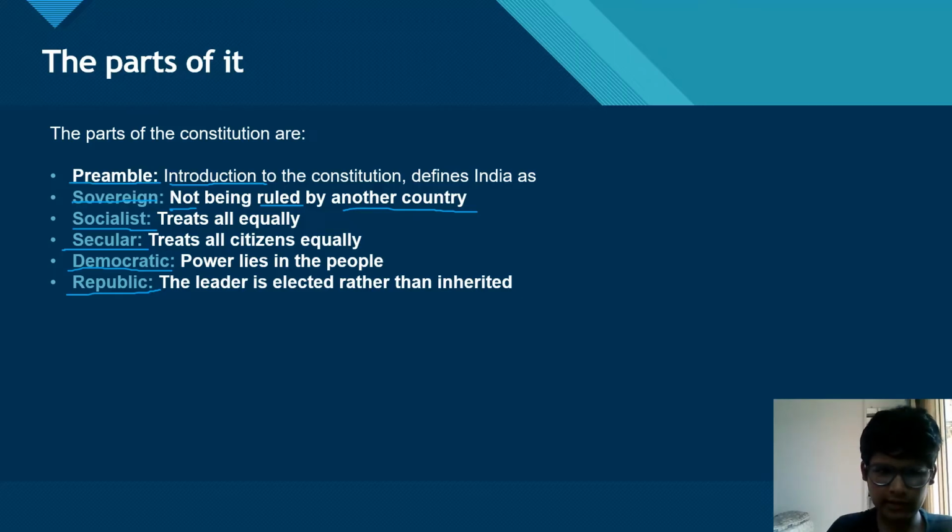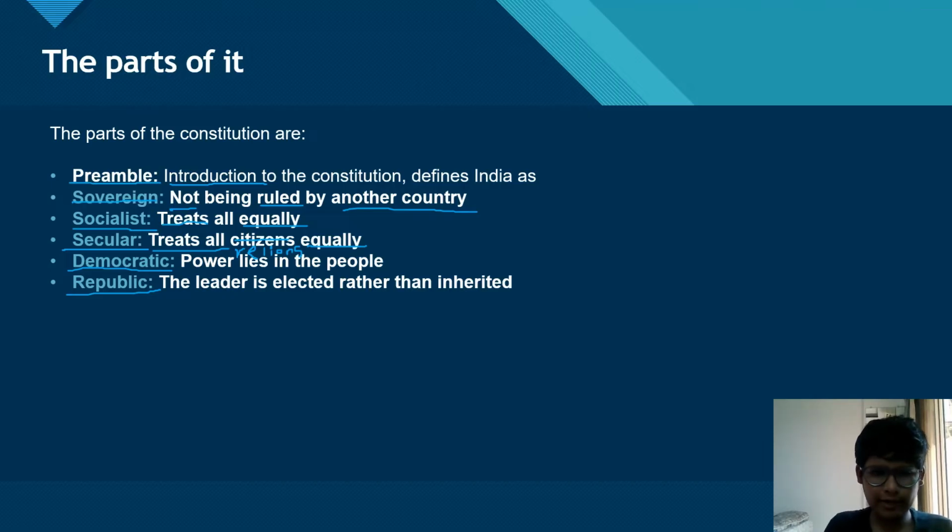Then socialist treats all citizens equally. Then secular treats all religions equally. Then democratic.